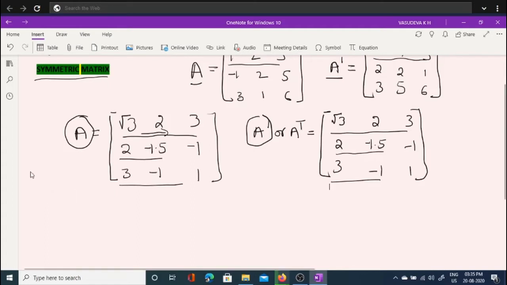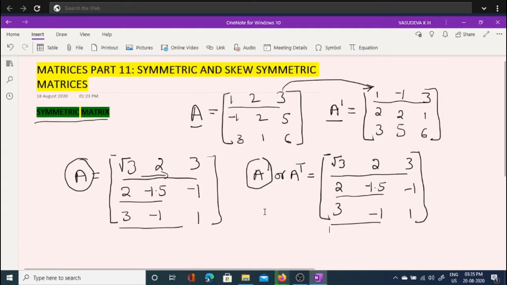So why are we getting like this? But in the previous case, the elements in the first row are different when you interchange the rows into columns, but not here. So in this example, we are getting A dash is equal to A itself.